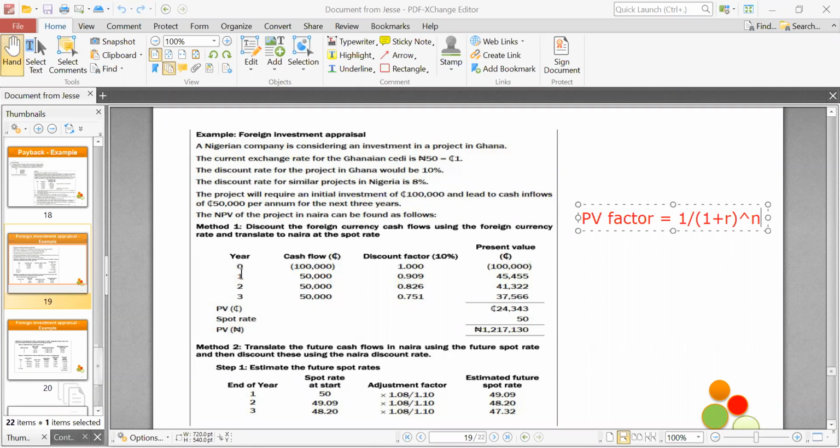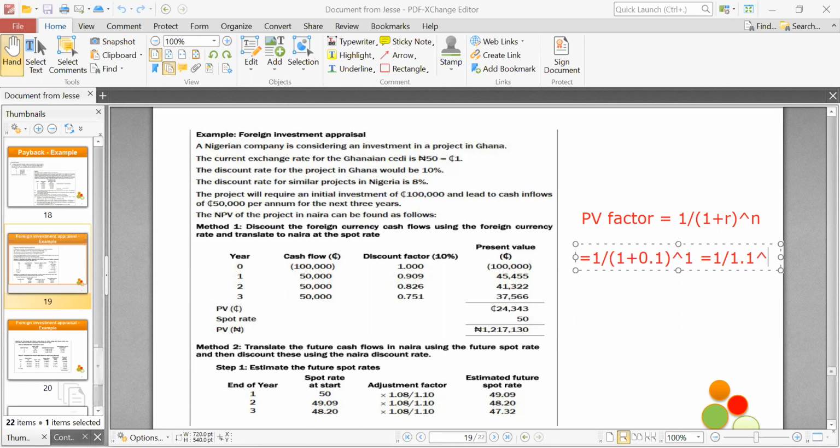Now let's move on to year 1. Year 1, we have a cash flow of 50,000. Our discount rate is 10%. So our formula will be like this: 1 divided by 1 plus 0.1, which is 10%, raised to the power 1, which is equal to 1 divided by 1.1.